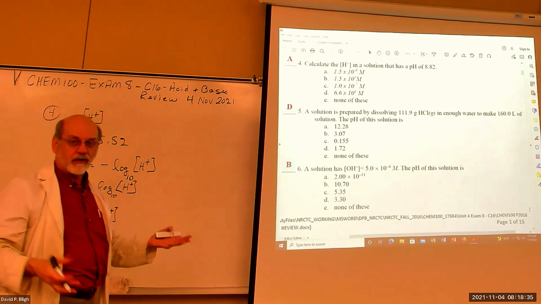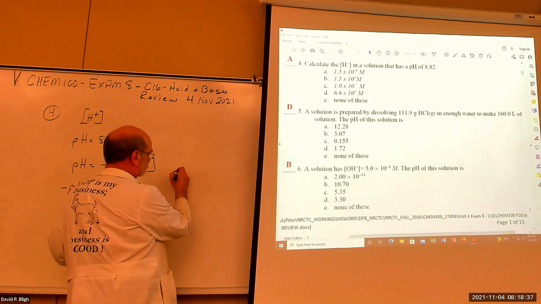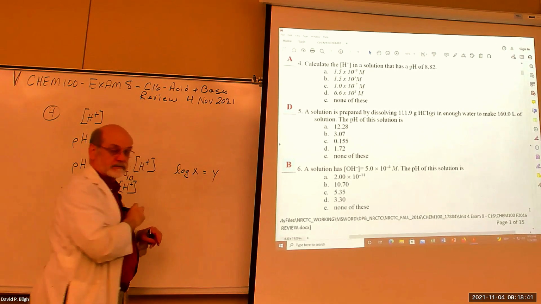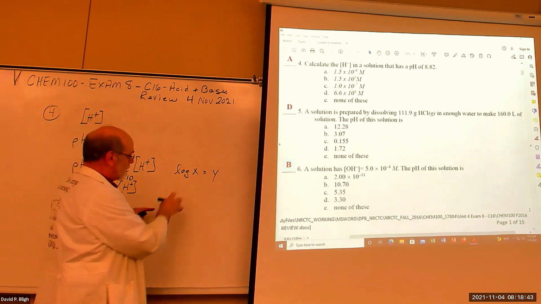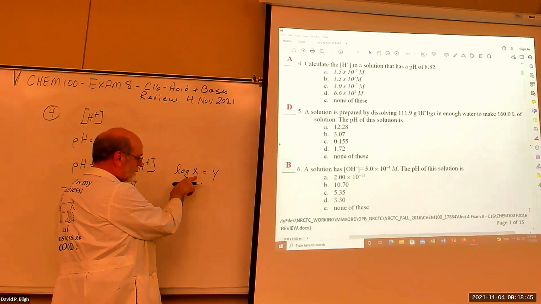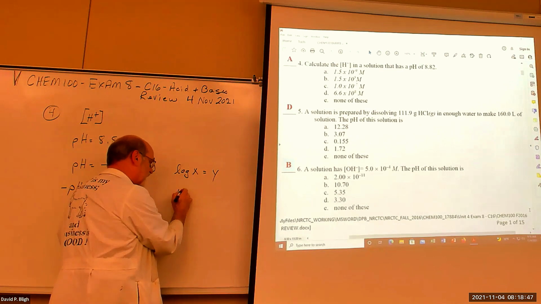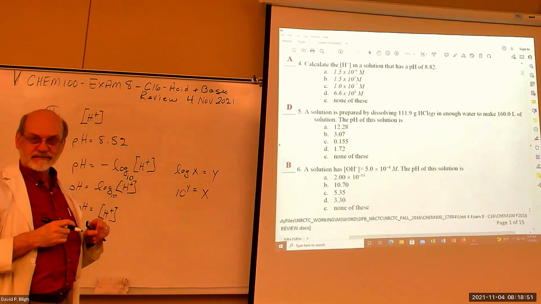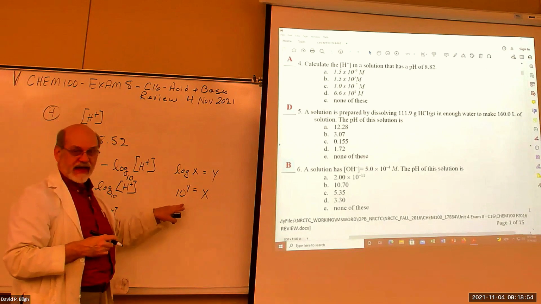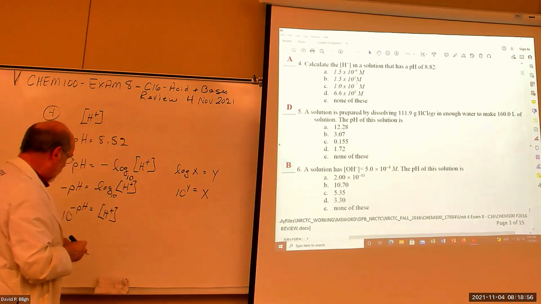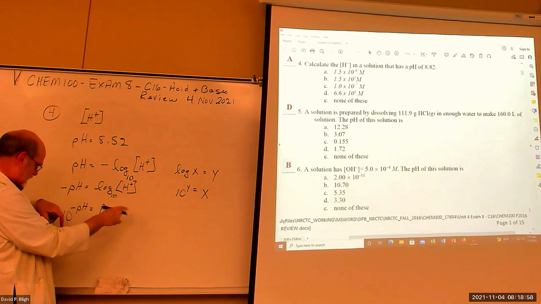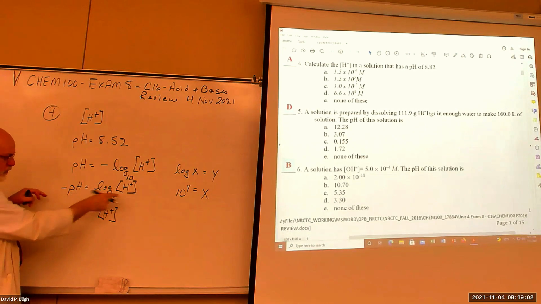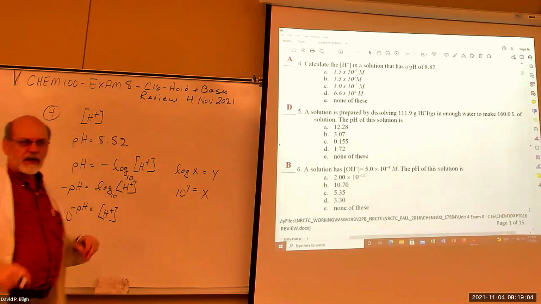Or in generic form, if you say the log of x equals y, that means y is the power of 10 that equals x. Sometimes we call this the anti-log. So the anti-log of this would be our hydrogen ion concentration.